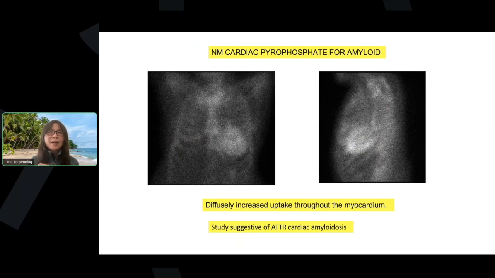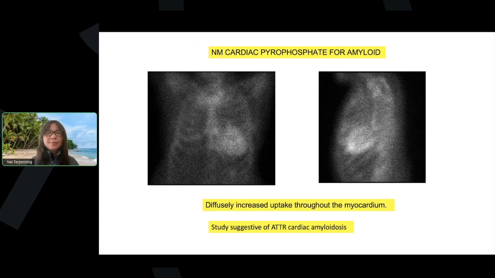But the light chain is easy. You can work up with blood work or bone marrow aspiration biopsy, you know that. But these two have different treatment. One will go to stem cell transplant, and one will go to chemotherapy.